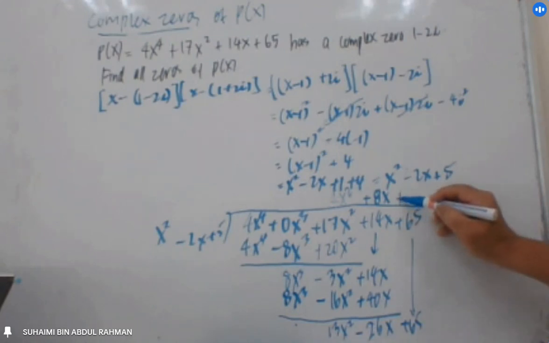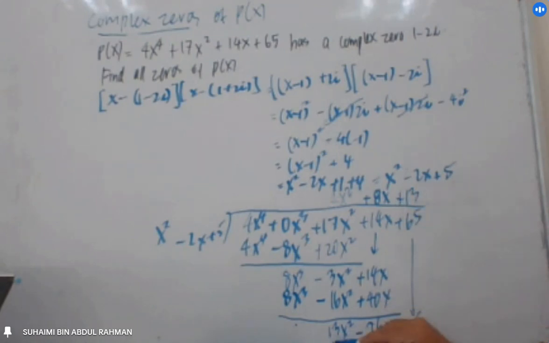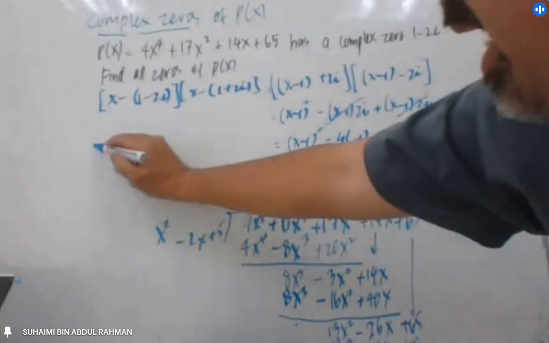Plus 13, so 13x square minus 26x plus 65. Finish.